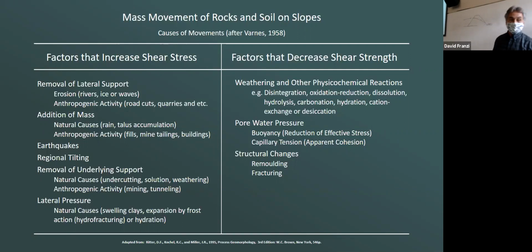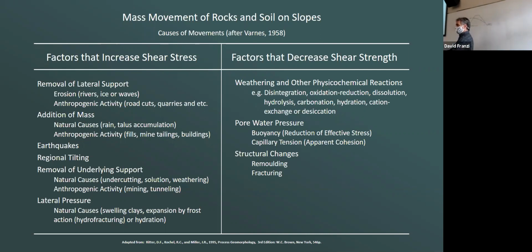Humans do that all the time. Mine tailings, big catastrophes have happened when big piles of spoil left over from mining fail as a result of over-steepening. And natural causes could be the addition of mass from rainfall. Take a dry slope, you're actually doing two things here, aren't you?